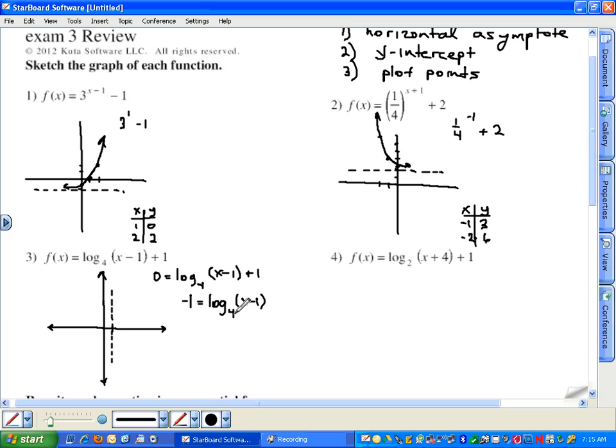We write this in exponential form. This is our base, 4. Our exponent is negative 1, so 4 to the negative 1 equals x minus 1. 4 to the negative 1 is 1/4. And then if we add 1 to both sides, we get 1 1/4 for x. So that's slightly beyond 1 right there.